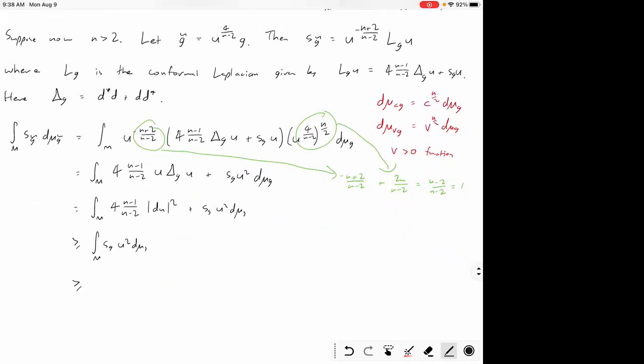Now, if you integrate a function, as we did before, that's bigger than or equal to the negative of the integral of the absolute value of the function.